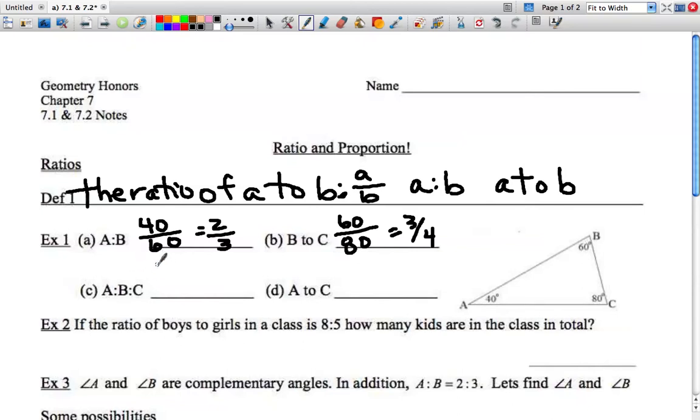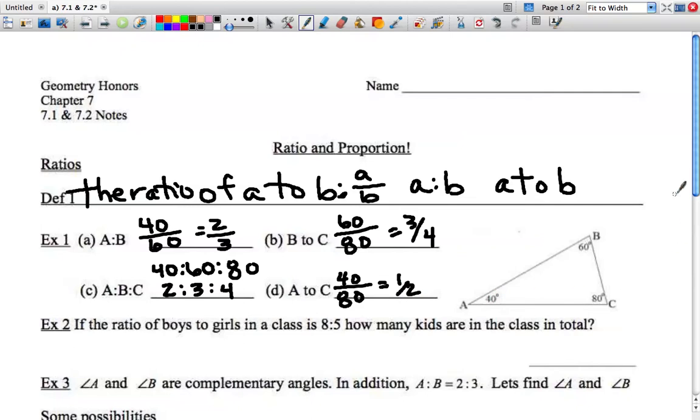We could think about it as 40 to 60 to 80, which we could simplify by taking a 10 out and by taking a 2 out of each, basically by dividing by 20. If we divide each thing by 20, we'll get 2 to 3 to 4. And then A to C can be thought about as 40 to 80, which is 1 to 2.